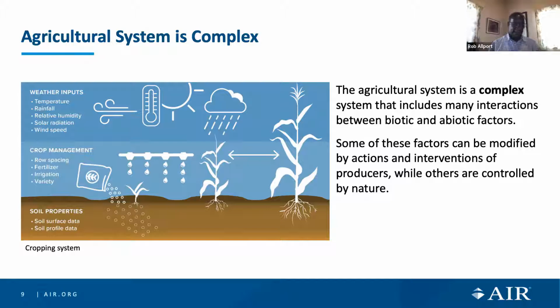These factors, especially the abiotic, are non-living things like the weather or climate, soil properties, and the crop management, like the varieties that you are planting or the type of crop that you are growing, while the biotic factors are things like pests, diseases, weeds in the farms, and also the soil fauna.